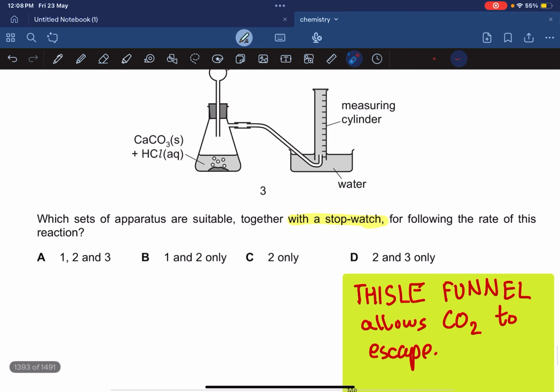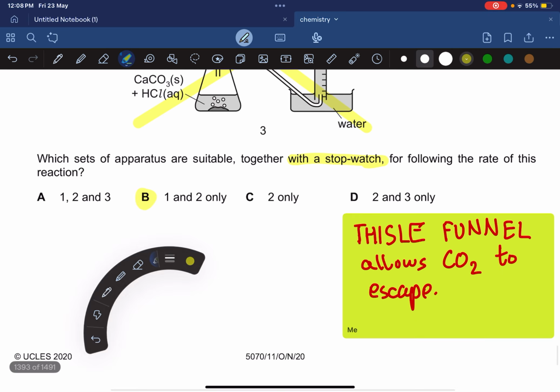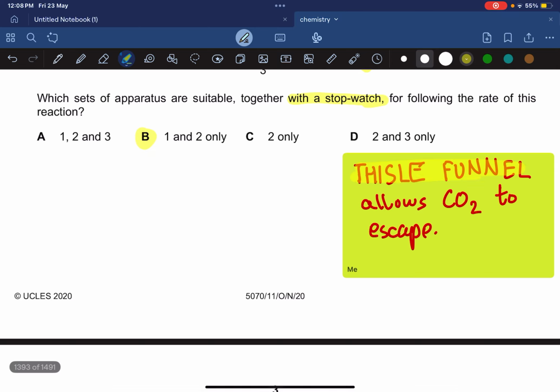So that was what people found challenging. Hence, this method cannot be used to find the volume. Why? Because you do not know how much gas is being formed, because some gas will escape out. So only 1 and 2 can be used, so it's going to be option B. So this was the key takeaway from this question.